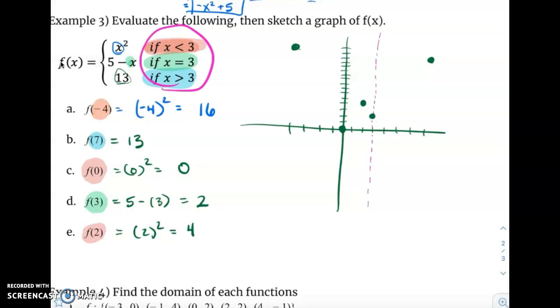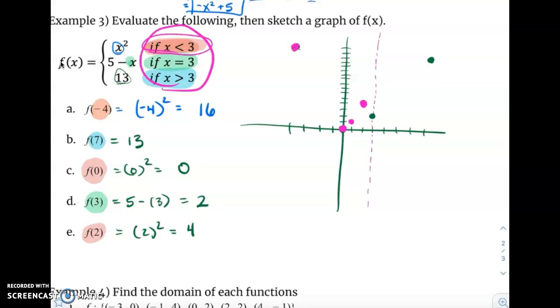Now, the left side, so when I say left, I mean less than 3. So left of the dotted line is x squared. And so that is a parabola. If I plug in 0, I get 0, which is why I have a point there. If I plug in 1, I get 1, because 1 squared is 1. If I plug in 2, I get 4, which is why there's a point there at 2, 4. If you plug in negative 4, you get 16.